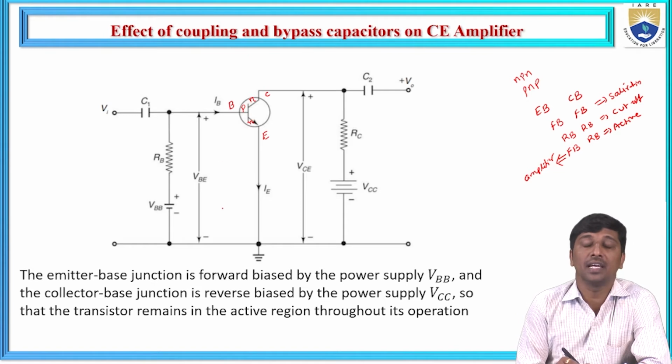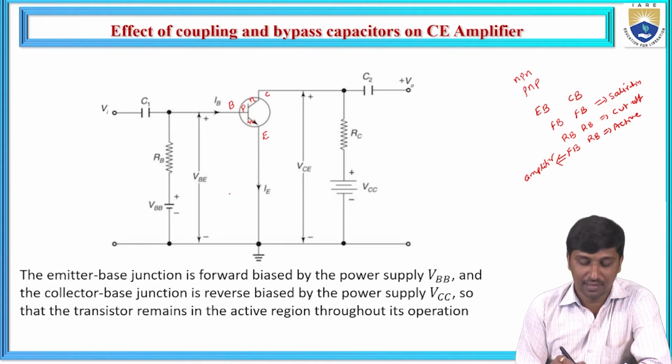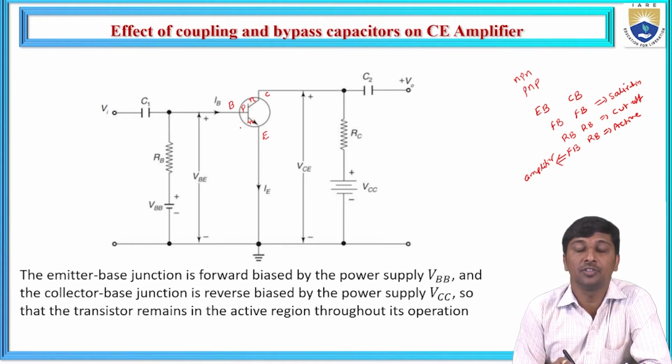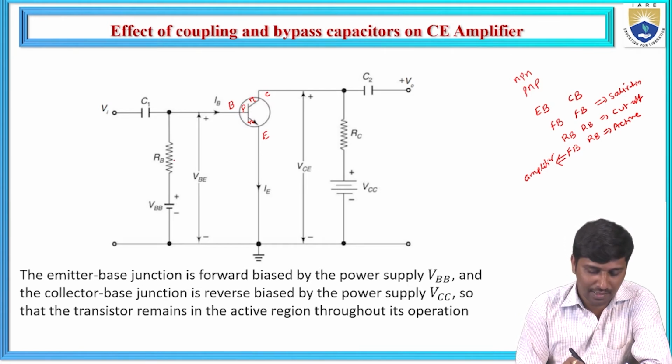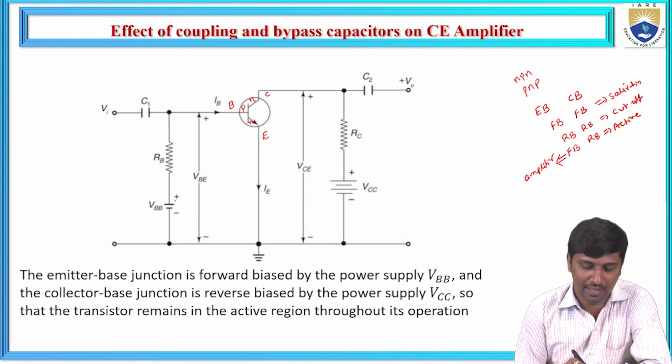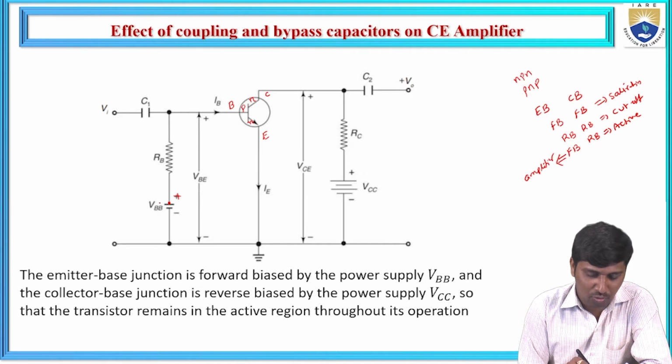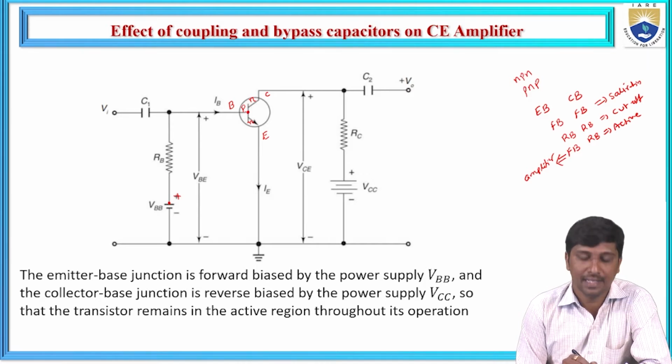Based on the polarity of the materials, we need to make this junction either forward biased or reverse biased. Let us consider the emitter base junction. The base is made of P-type material, hence it is connected to the positive pole of the battery with respect to the emitter. Hence this VBB positive pole is connected to the base of this NPN transistor.